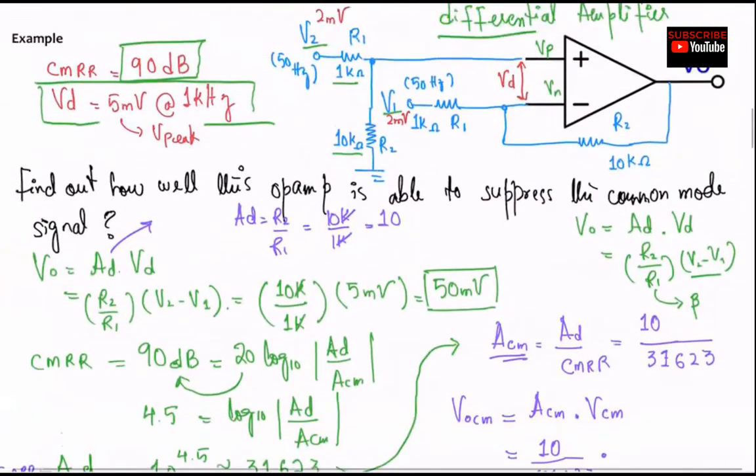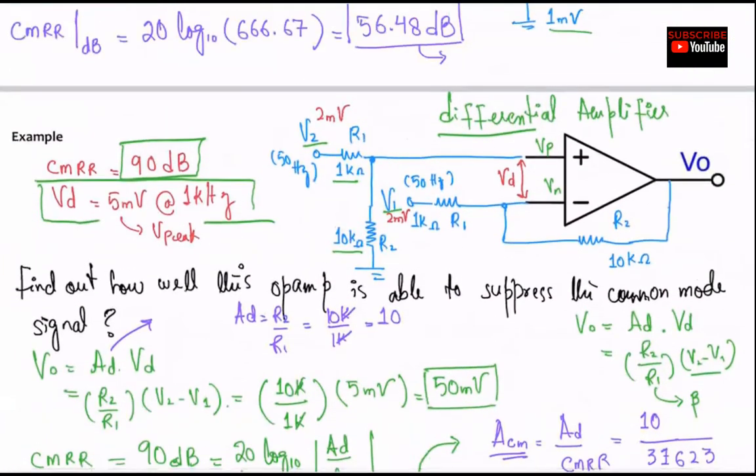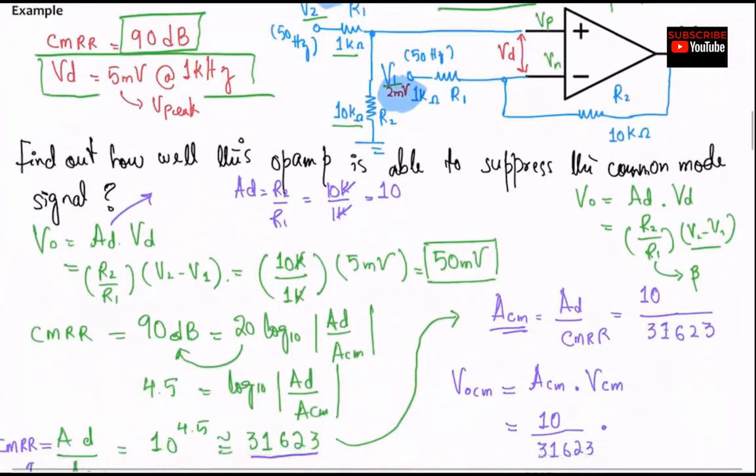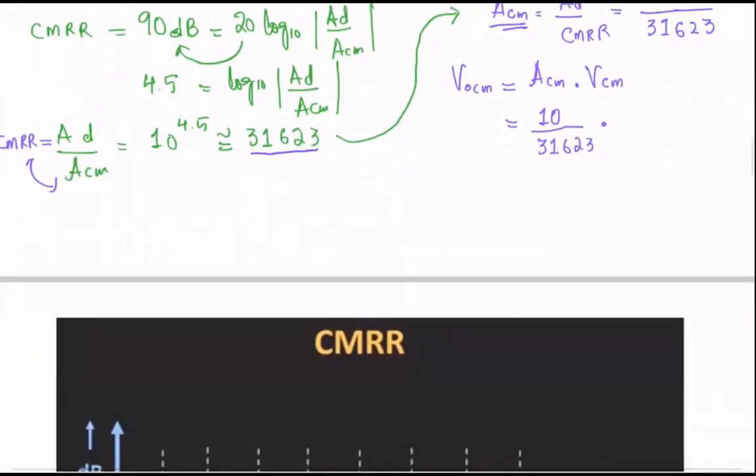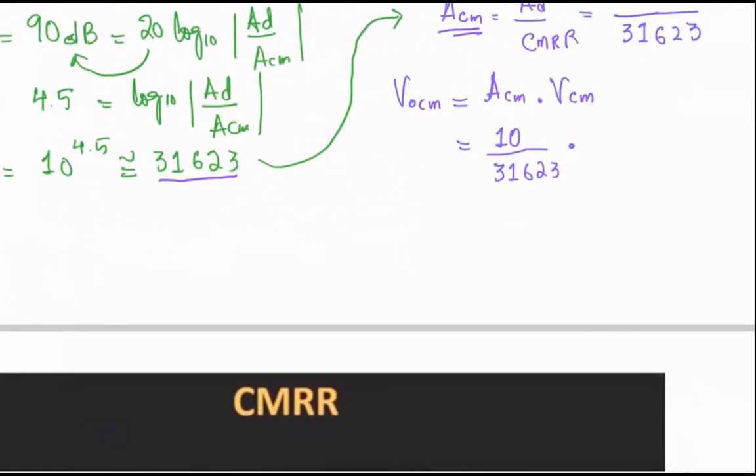VCM is how much? VCM is 2 millivolt, which is common to both input signals. I can think of it as noise or some kind of distortion in the signal. So that is going to be 2 millivolt.